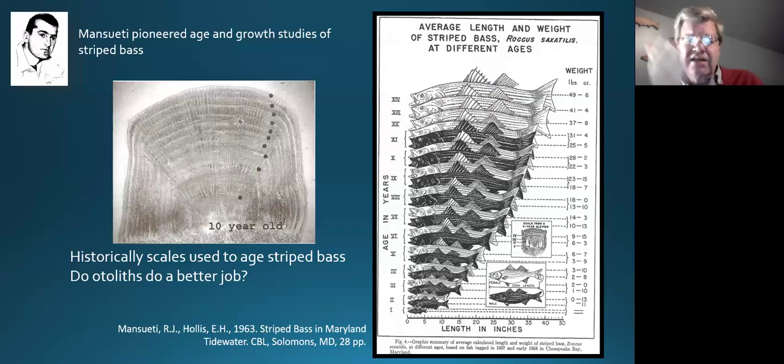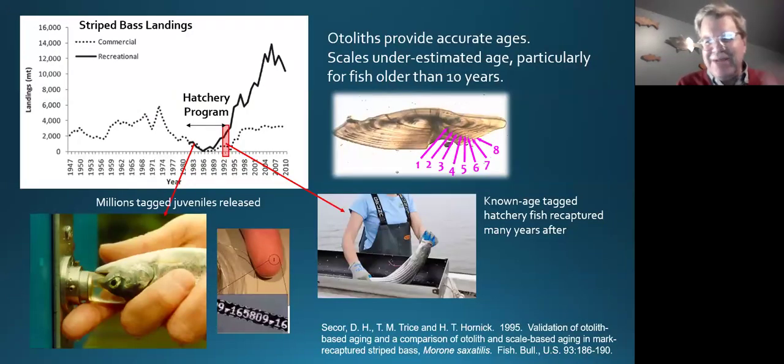Well, since then, there's been pretty good literature out there that says that scales, which were used by Mansueti, can be biased. So I wanted to look at whether scales do an adequate job in aging striped bass, and maybe otoliths do a better job. So I went back to the hatchery program. What the hatchery program did is release 1 to 2 million juveniles.